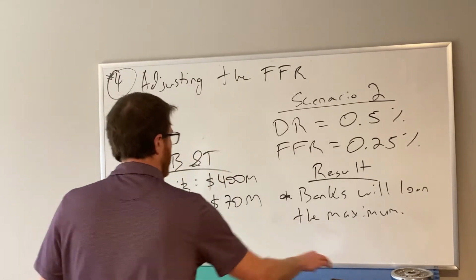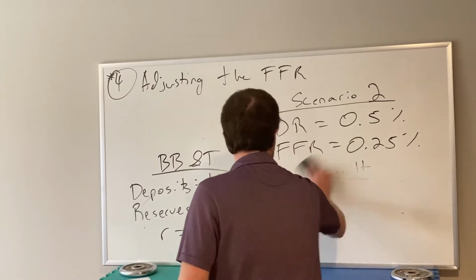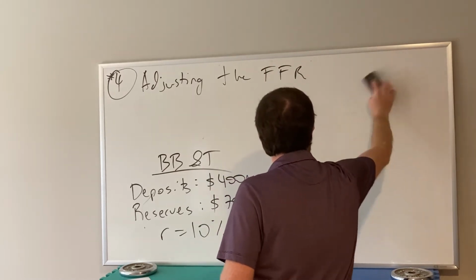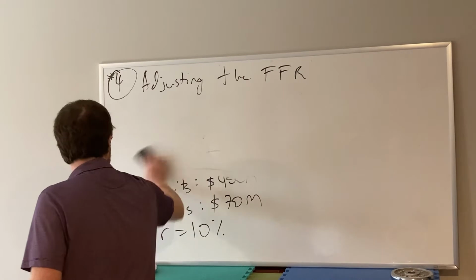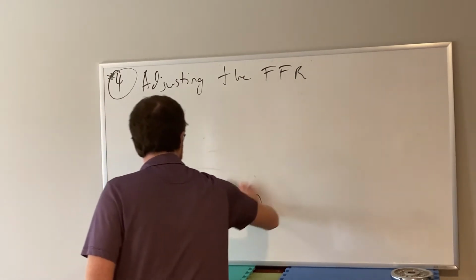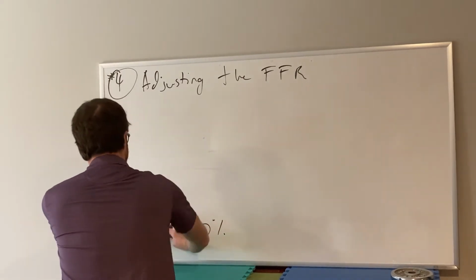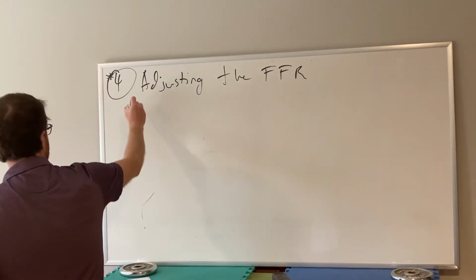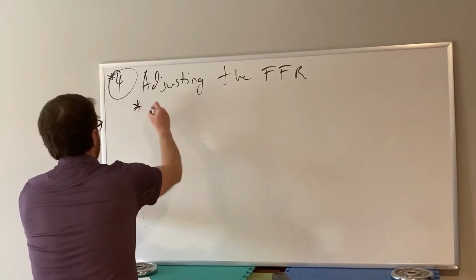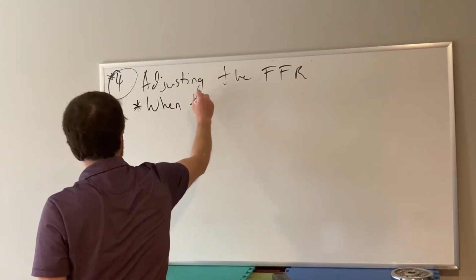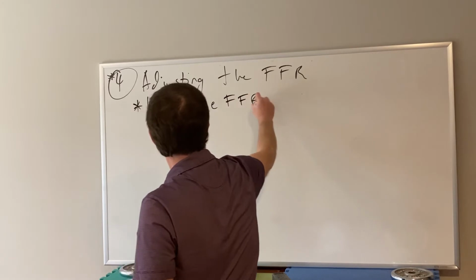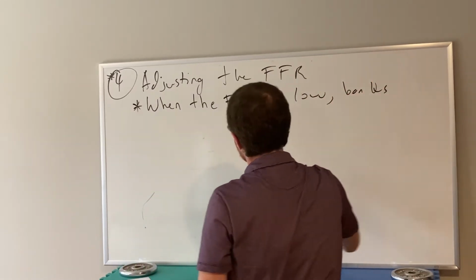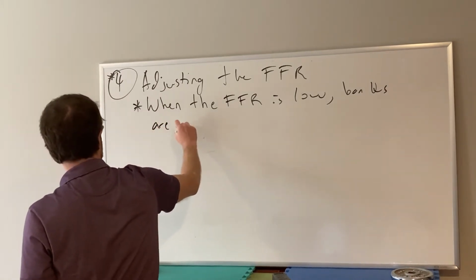So here's what we basically know so far. When the federal funds rate is low, banks are more aggressive with their loans.